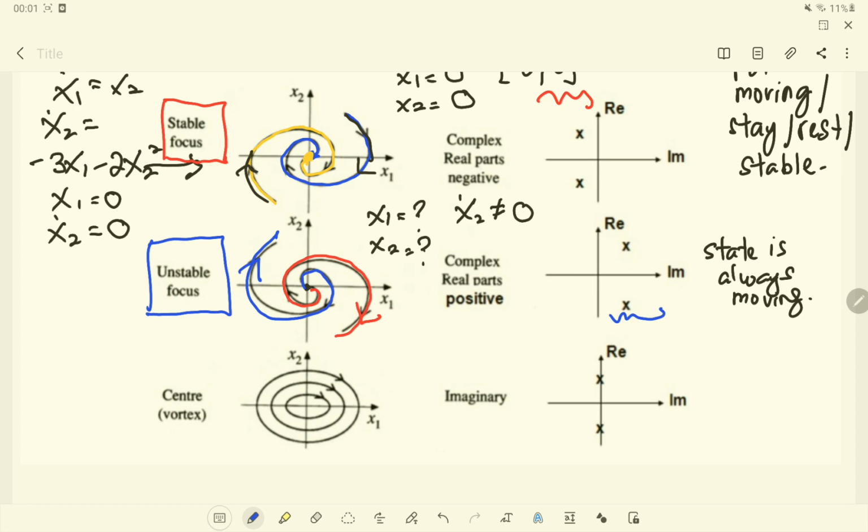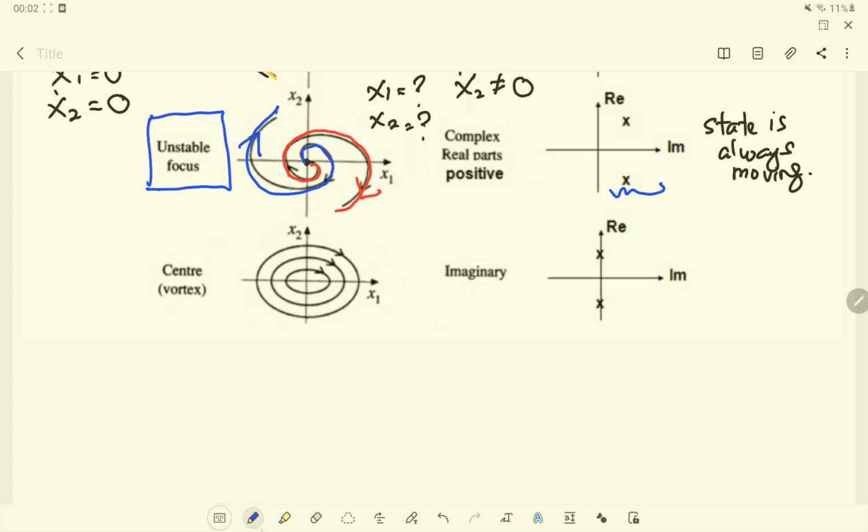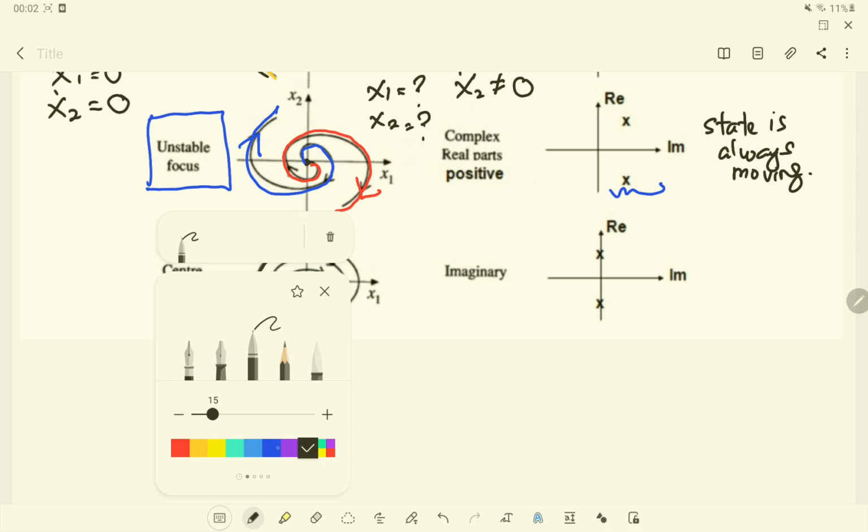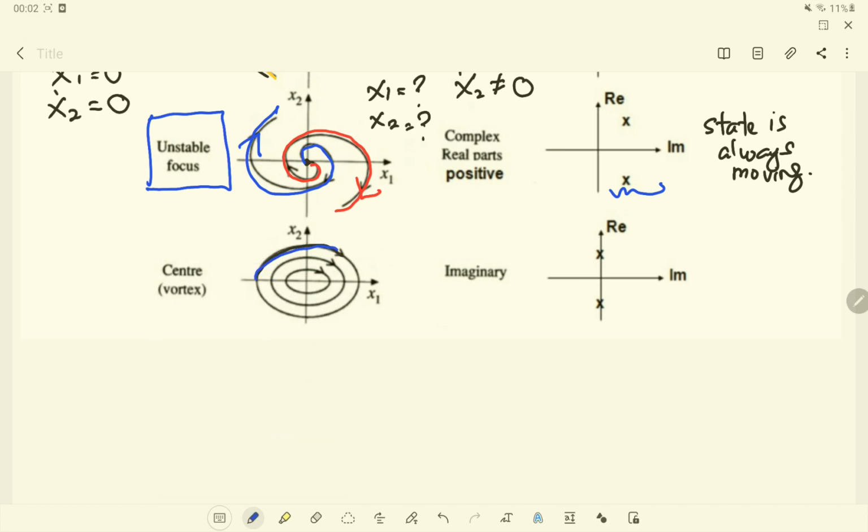So this system is an unstable system. Now the third example, same goes to this one. The state is moving. Blue color. The state is moving.